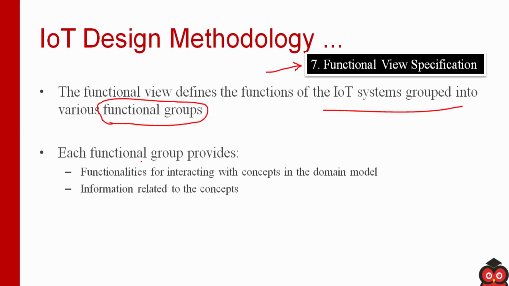And each functional group provides functionalities for interacting with concepts in the domain model. If you remember, domain model specification is step number 3. In that we saw a big diagram where we represented different concepts like physical entities, virtual entities, devices, resources and services.